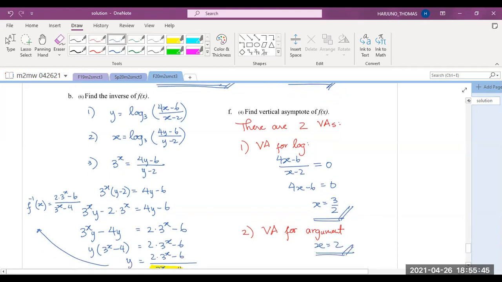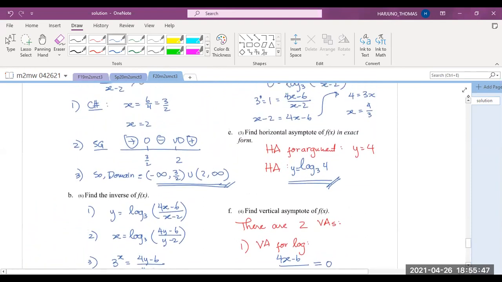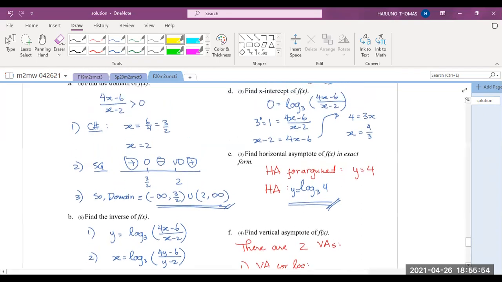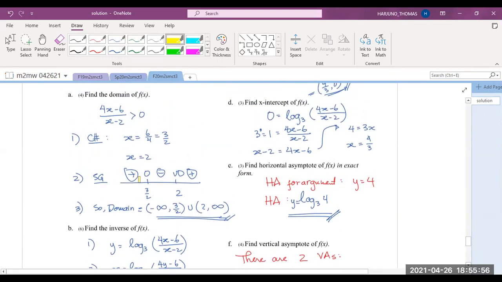And actually you can see that from the sign graph. Remember for log, we have a vertical asymptote when the argument equals 0, and you have a positive side next to it.